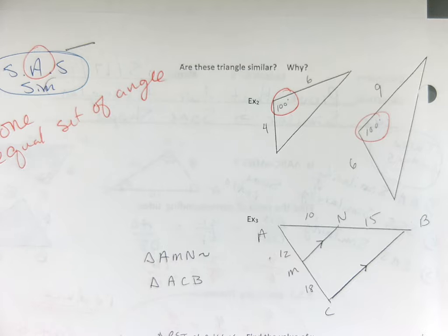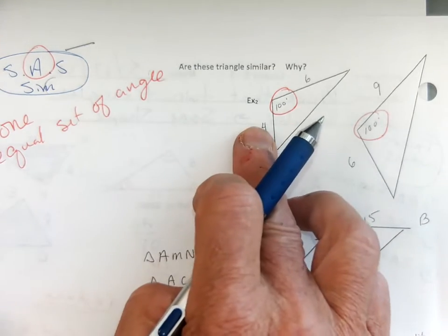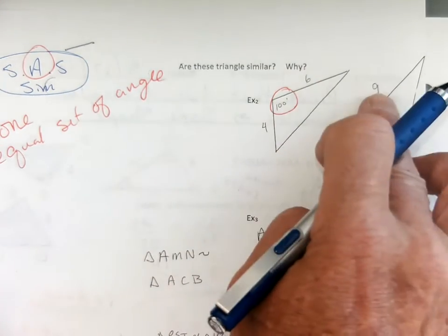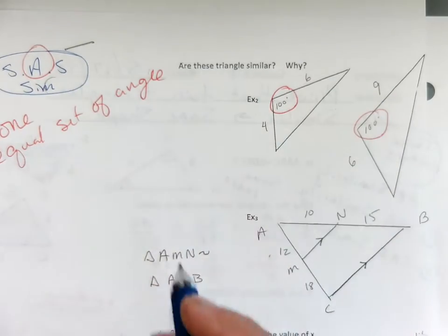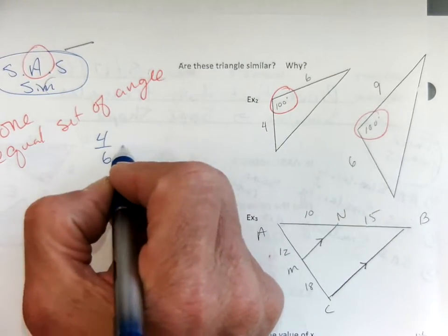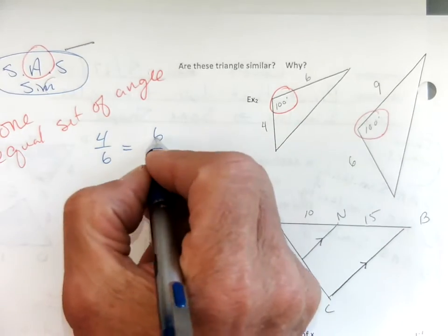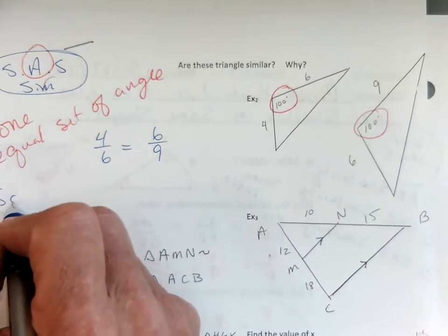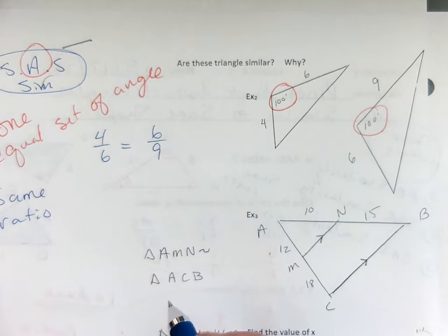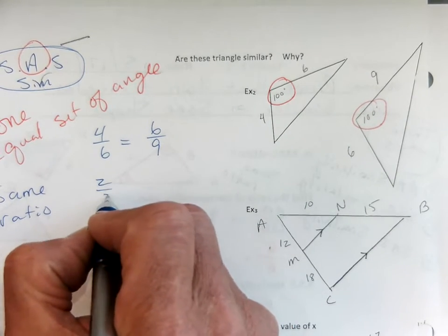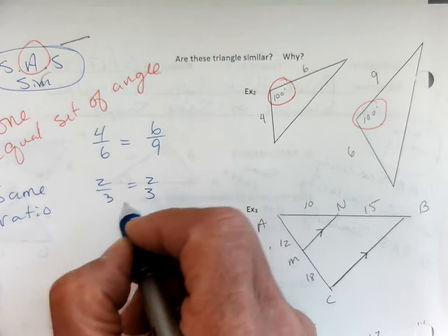Now what about the two sides? Do they have the same ratio? Well, let's see. 4 goes to 6 as 6 goes to 9, right? This side goes to this side goes to this side. So 4 goes to 6 as 6 goes to 9. Is that the same ratio? Okay, so we reduce, 2/3, 2/3, yes.